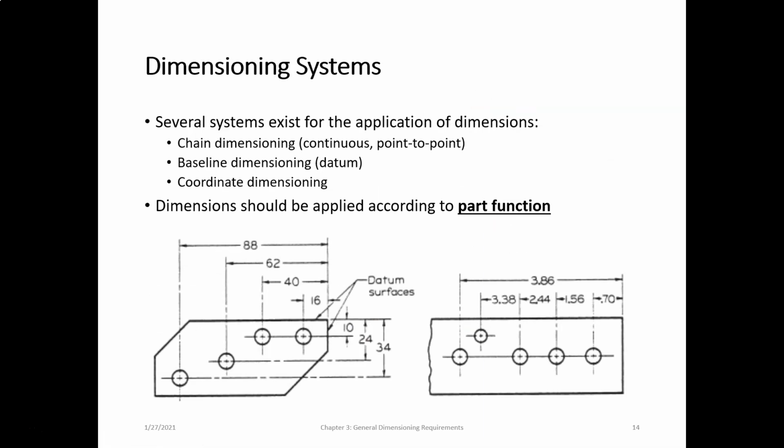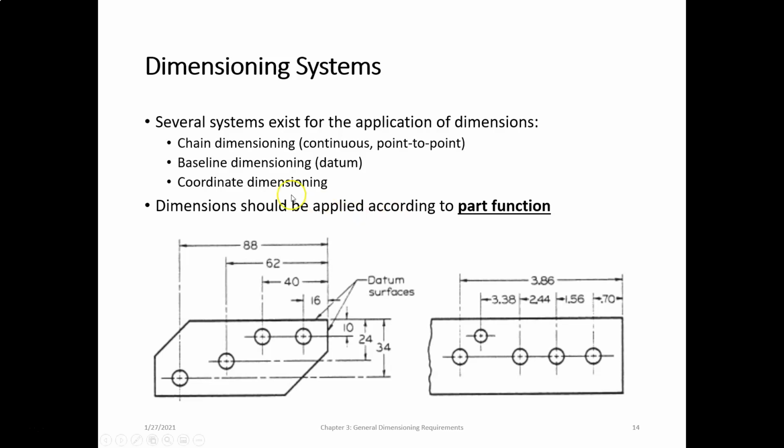Now, continuing with dimensioning systems, there's a couple of strategies that we can employ when we're dimensioning. All right. There's 3, in fact. So these systems are called the chain dimensioning system, also known as continuous or point-to-point, the baseline dimensioning system, also known as the datum dimensioning system, and the coordinate dimensioning system.